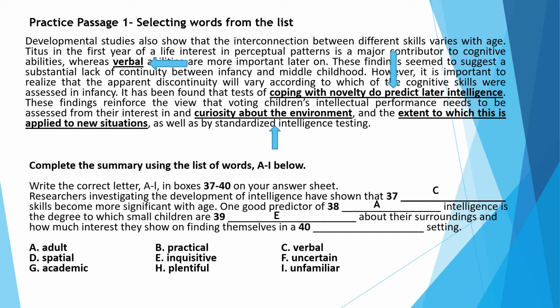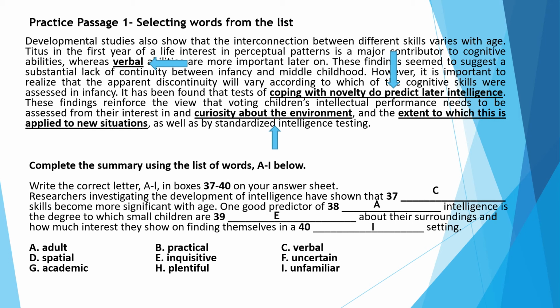Now here, small children, if we take a look at the sentence, that young children's intellectual performance needs to be assessed from their interest in and curiosity about the environment. So curiosity is a synonym of inquisitive, and that's why the answer is E. Moving on to the last one, about their surroundings and how much interest they show in finding themselves in a dash setting.